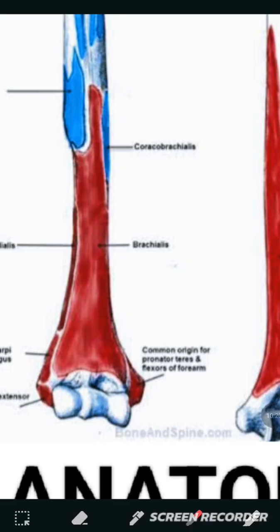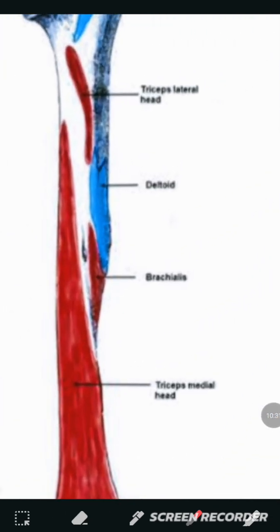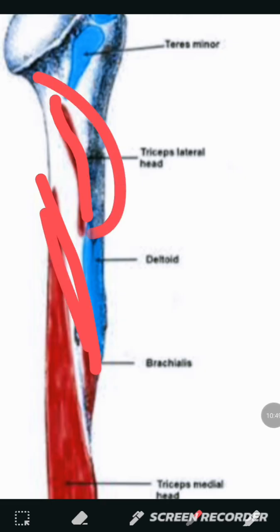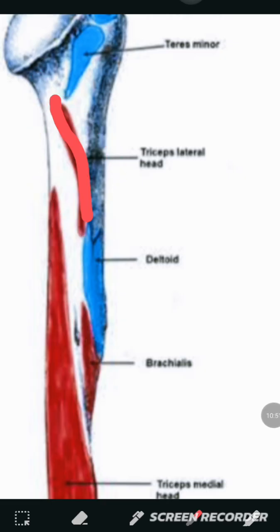The second one is attached to the posterior surface above the spiral groove. It is lateral tricep. This is the head of the lateral tricep. Here we have the spiral groove, and this is above the spiral groove and attached to the posterior surface.